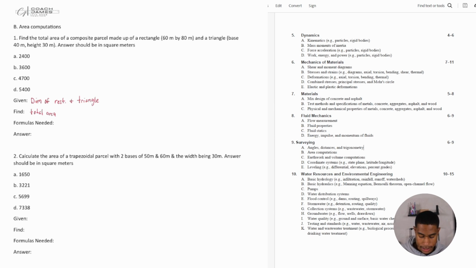Okay, so this is a composite shape. So let's just draw this out. We got a rectangle, and that piece of it is 60 by 80.